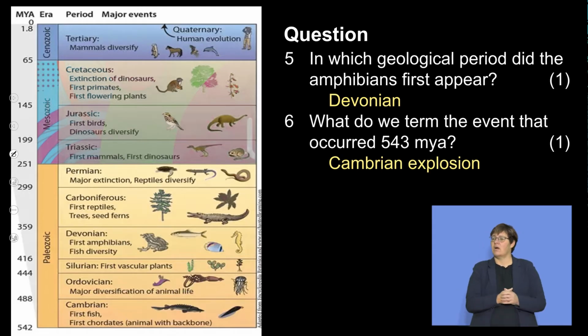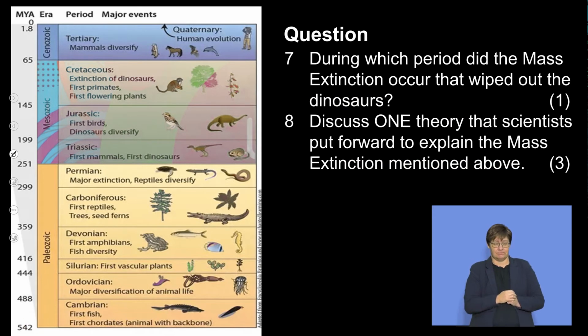Then, what do we term the event that occurred 543 million years ago? And that is, right at the start, that would be the Cambrian Explosion. Okay, next one. During which period did the mass extinction occur that wiped out the dinosaurs? And that was at the end of the Cretaceous, the extinction of the dinosaurs.